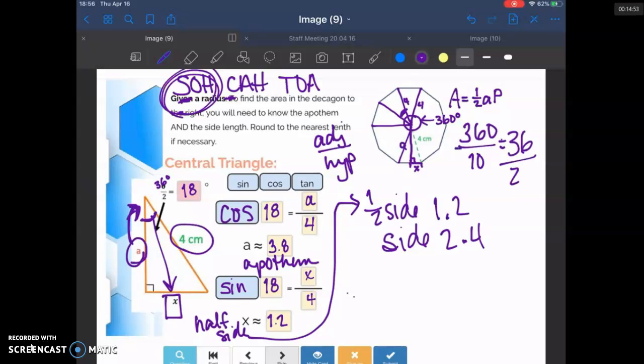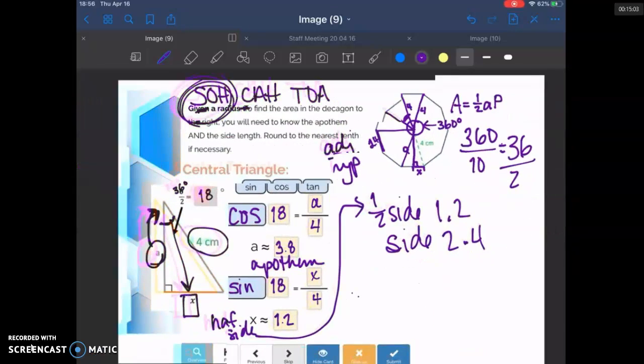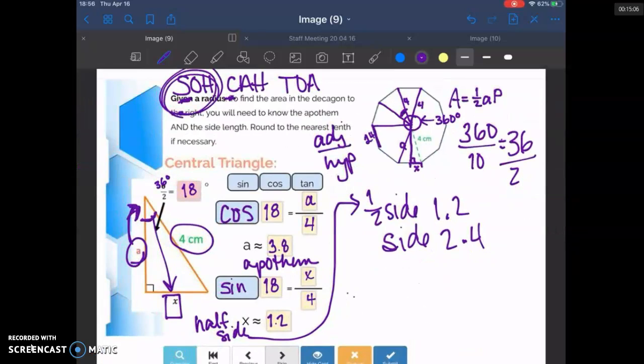Which means we have just figured out that one side of this decagon is 2.4 centimeters. It's a decagon, so it has 10 sides. So 10 sides would be 10 times 2.4, or 24. Hopefully that makes sense: we started with the half side, then we found the whole side, and then we found 10 of those all together.